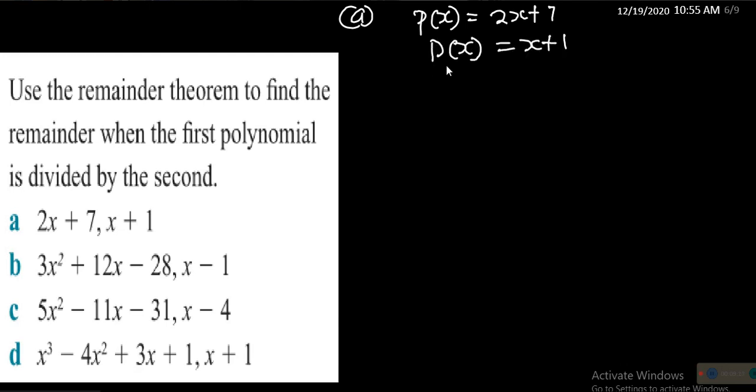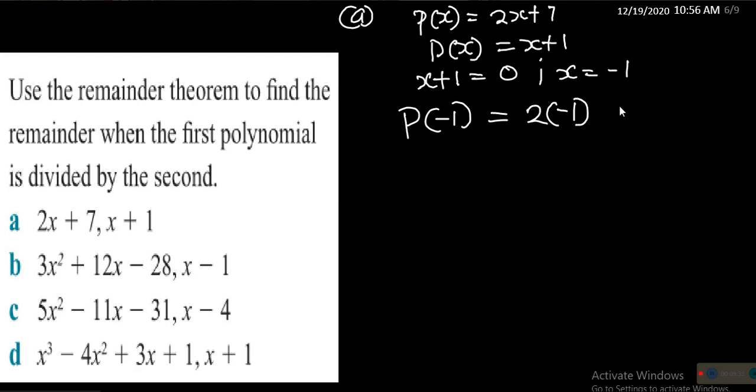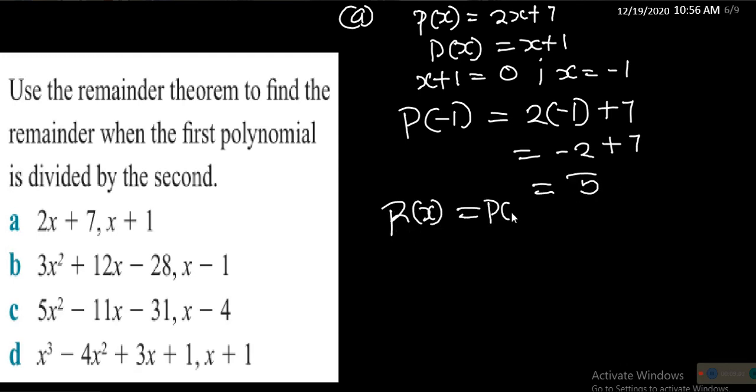So we let x plus 1 equal 0, then we find x, so x equals minus 1. So the remainder will be p of minus 1, which is 2 times minus 1 plus 7, which is minus 2 plus 7, which is 5. So r of x equals p of minus 1, which is 5.